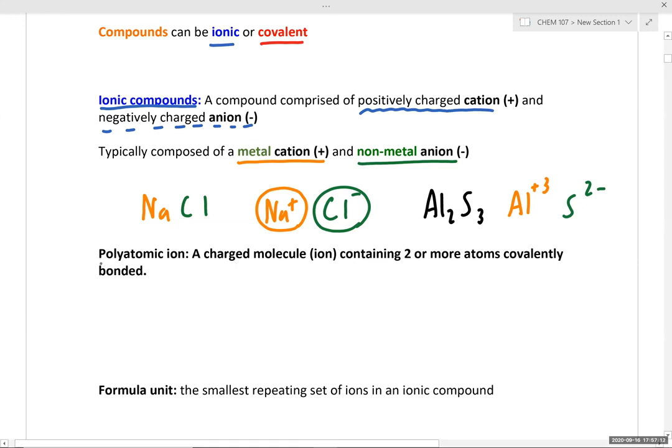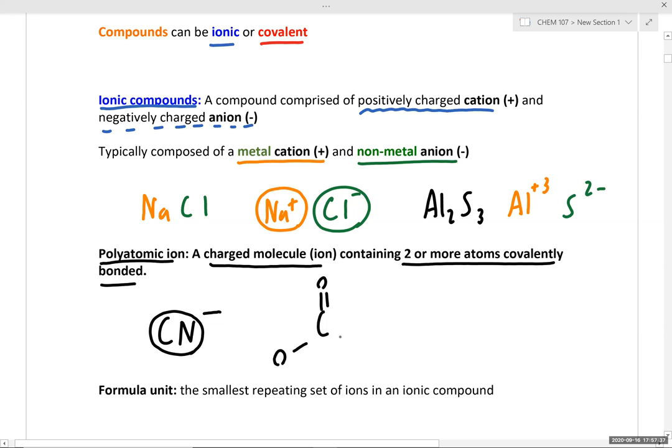So a polyatomic ion is a charged molecular ion containing 2 or more atoms covalently bonded together. So what do I mean by that? A common polyatomic ion would be cyanide, CN-. So it's a collection of atoms with a net charge. Other examples would be something like carbonate, where we have a collection of atoms with a net charge.